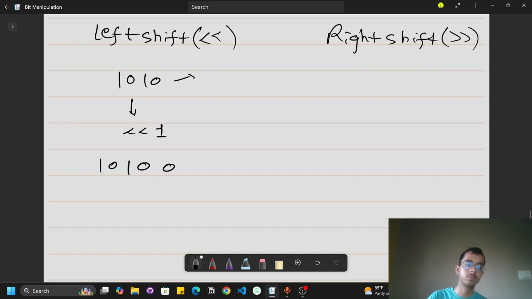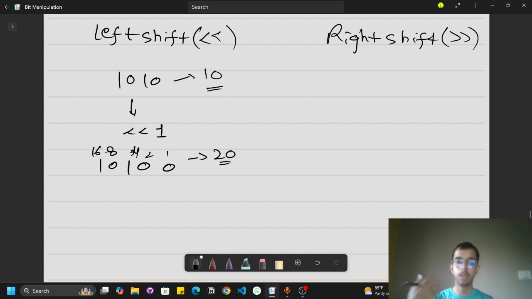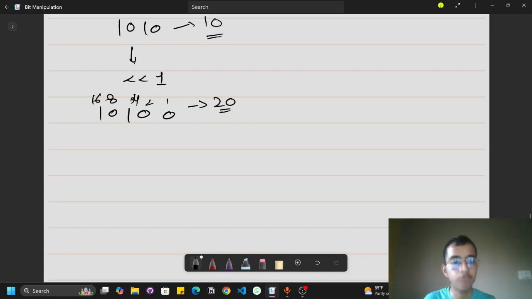So what is this now? By now you know it's 10. What is this? This is 1, 2, 4, 8, 16. Wait, this is 16 plus 4, it's 20. You've seen that 10 becomes 20. And that's the property: in left shift, the number actually doubles. Why has it happened? Because you have actually added a bit here.